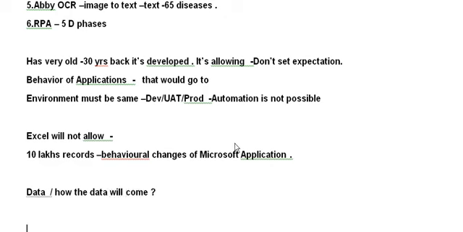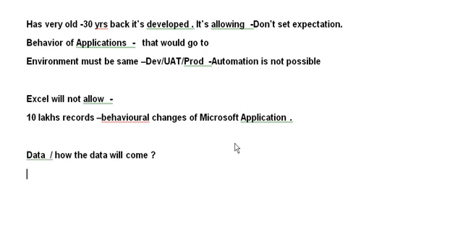Sometimes the data will come through FTP sites that you have to download, sometimes under mail, sometimes from other third party tools. So you have to be careful, and if you are doing Excel automation, you have to make sure whether you can go with VBA.